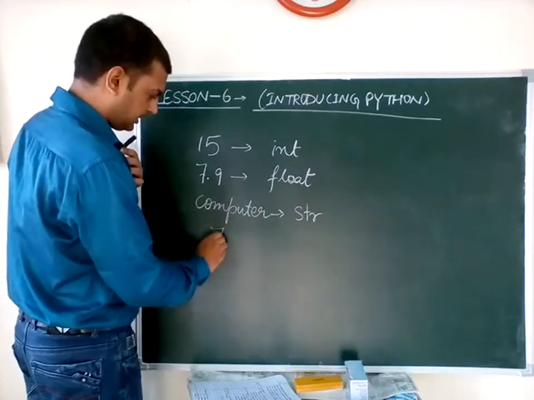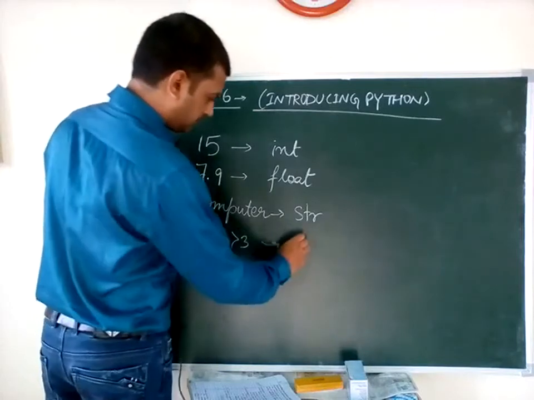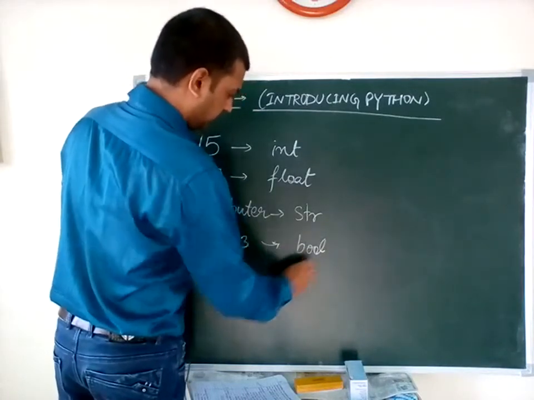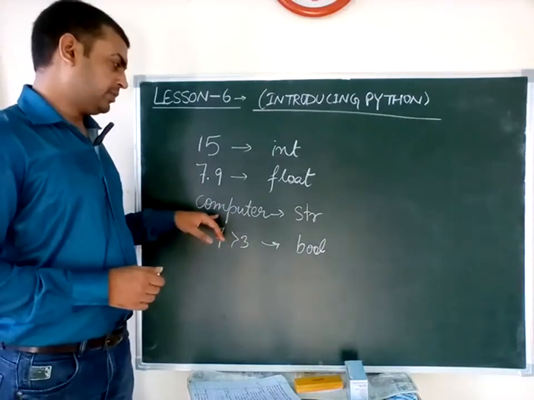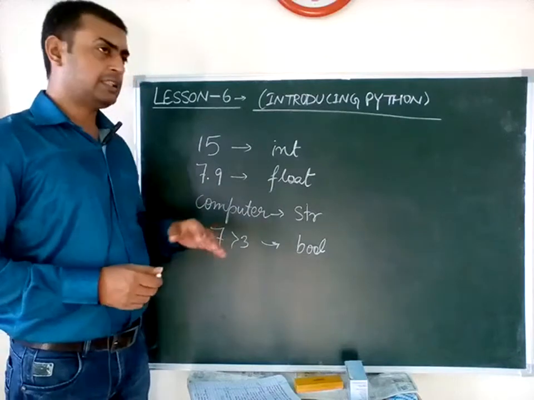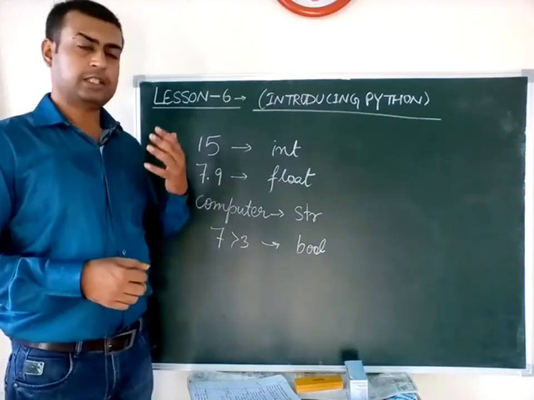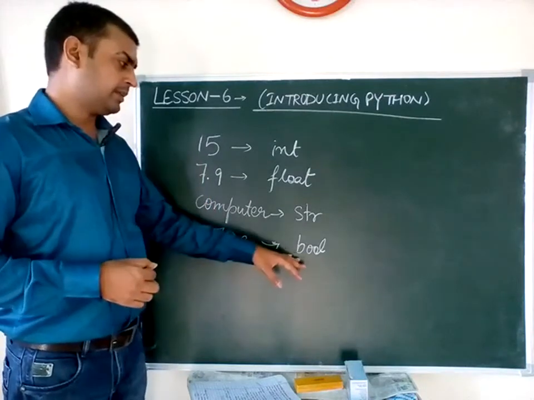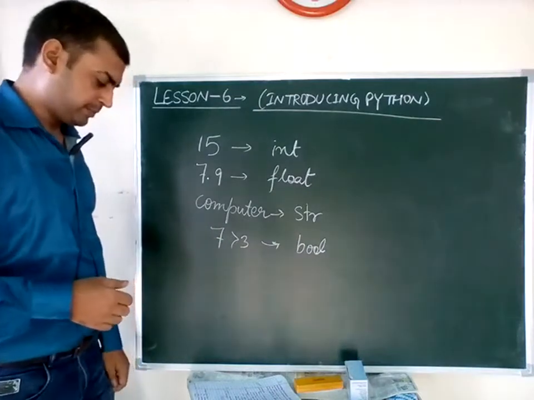Then next is 7 is greater than 3, this is bool. Bool means true or false only. So in this boolean data type, the representation is bool because it is only true and false.